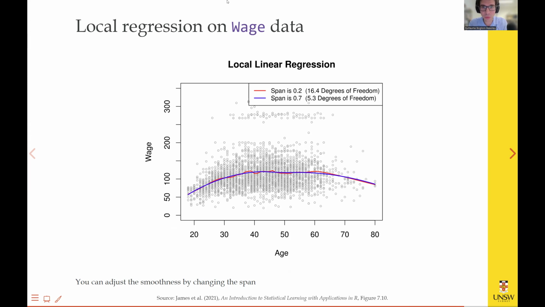So you have more degrees of freedom here. So that would be the red line. But again, you are more rough, more wobbly in your fit. Here, if you use a bigger span, in this case 0.7 apparently, you have less freedom, but then the fit will be more smooth. And here it looks to be doing a better job overall, the blue curve.